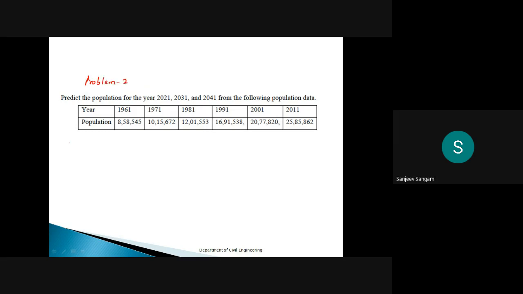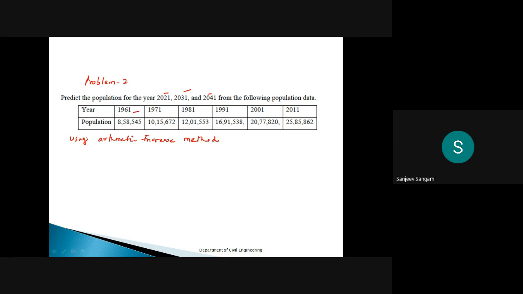Problem 2. What he is saying is to predict the population for the years 2021, 2031, 2041 from the following population data using the arithmetic increase method.